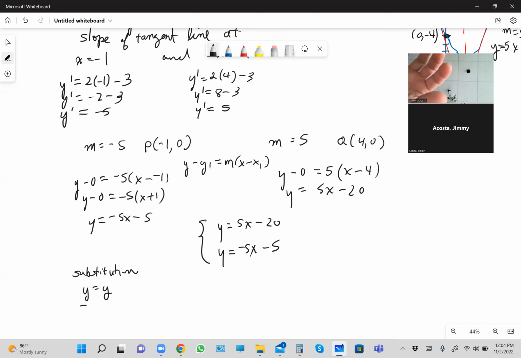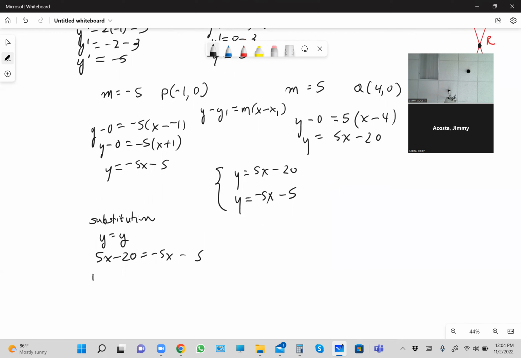So 5x minus 20 must equal negative 5x minus 5. When I add the 5x over, that's 10x, and I add the 20 to the other side, that's 15. So x equals 15 over 10, which comes out to 3 over 2. Make sense?